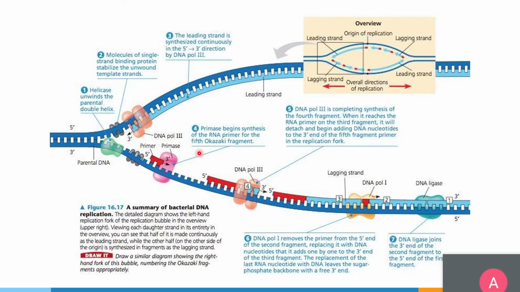And the DNA polymerase starts adding DNA nucleotides to the primers. When it reaches the 5' end of another RNA primer, it stops adding DNA.